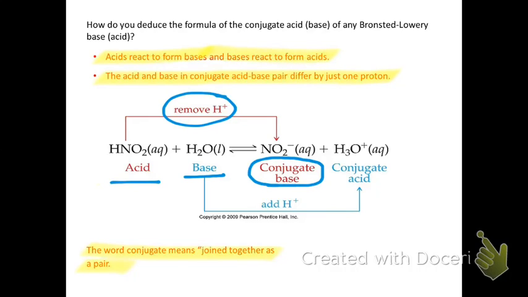So HNO3, when it loses that H plus, now forms NO3 minus, and NO3 minus is now the base. The base, which was water, is going to pick up an H plus, and so now it becomes an acid, known as the conjugate acid. So water being the base, and the hydronium ion here is the conjugate acid, and we have a conjugate acid-base pair. Right? We'll do more examples so you see this.